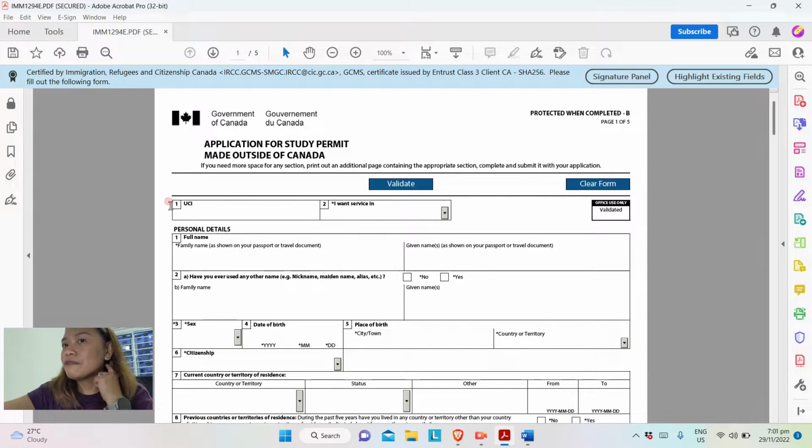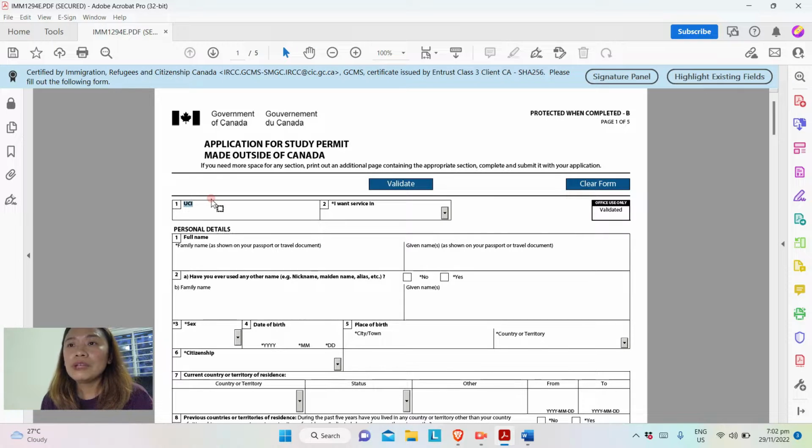The first question in all of the forms usually would be your UCI. If this is your first application, just leave it blank because you will only be given a UCI once you have submitted an application. But if, for example, your first application was refused and you want to reapply, then you would have your UCI already.